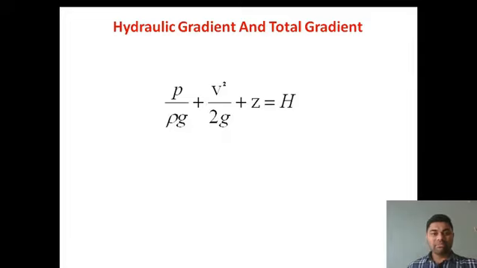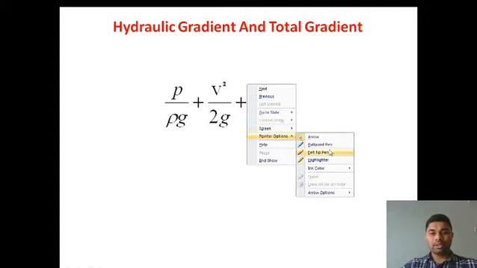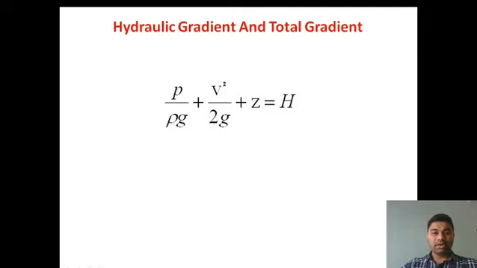Here P is the static pressure, rho is density, g is acceleration due to gravity, V is the velocity of the flow, and Z is the datum head, which we call the arbitrary datum.